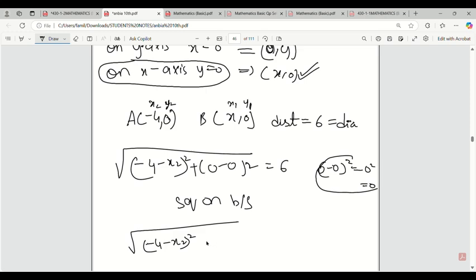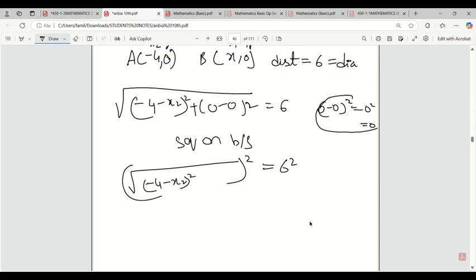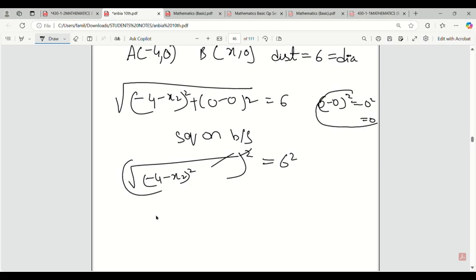It's plus actually. Now if we square on both sides, it is equal to 6 square. Why are we squaring? To remove the root.